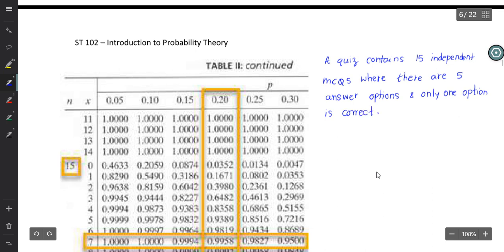Suppose a student is going to guess the answer for all these 15 questions. Suppose he forgot to study for the quiz, so he's going to guess all the answers.